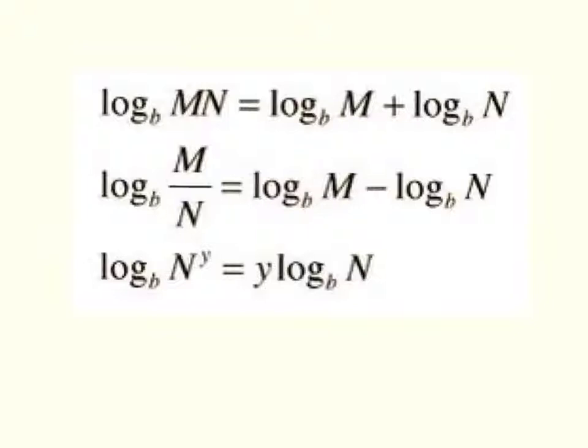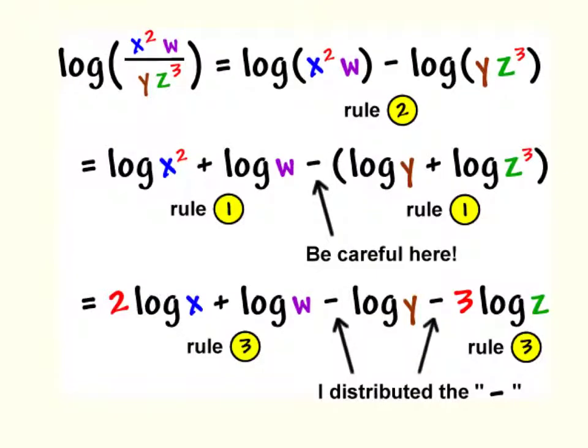So I'll show you some of those problems that you guys could see. They could look something like this. Here we're going to expand log of x squared w over y z cubed. Well, what we know is that since we have division here, we can break that up to the top minus the bottom.